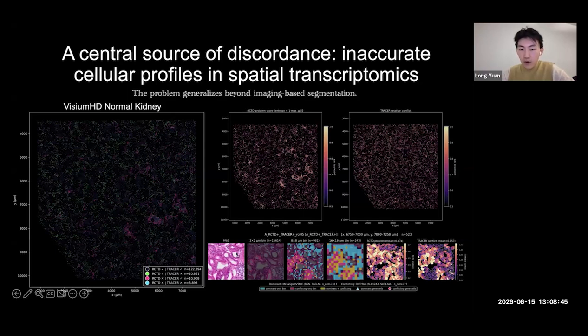And for the H&E insights, you can see that in this region, where the dominant gene expression program is the mesangial, it also concurrently expresses conflicting marker genes that are only restricted to distal convoluted tubule cells and thick ascending limb cells. So the broader problem here is that spatial transcriptomics gives us transcript coordinates or bins, but the biology actually lives at the other level, the level of cellular profiles.